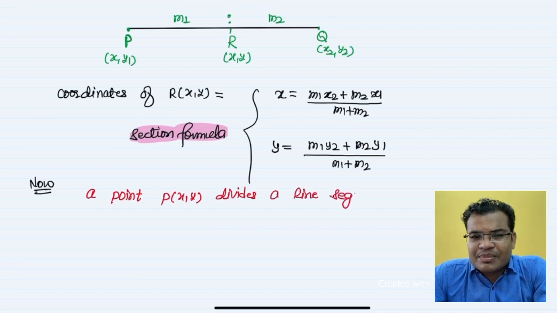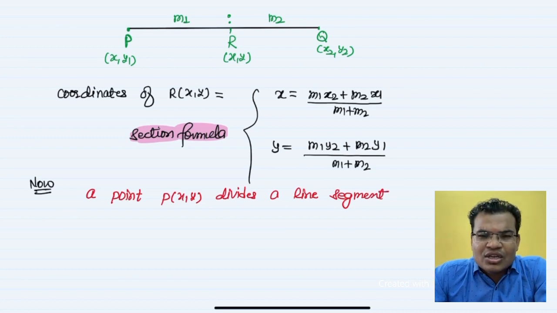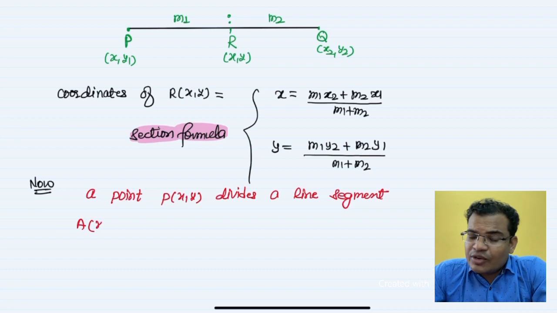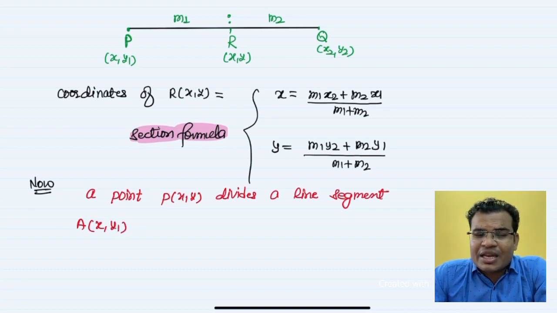It may be the segment AB, PQ or MN, anything like that, and its coordinates will always be given to you. I'm taking the line segment AB, with A as x1 comma y1 and B as x2 comma y2.